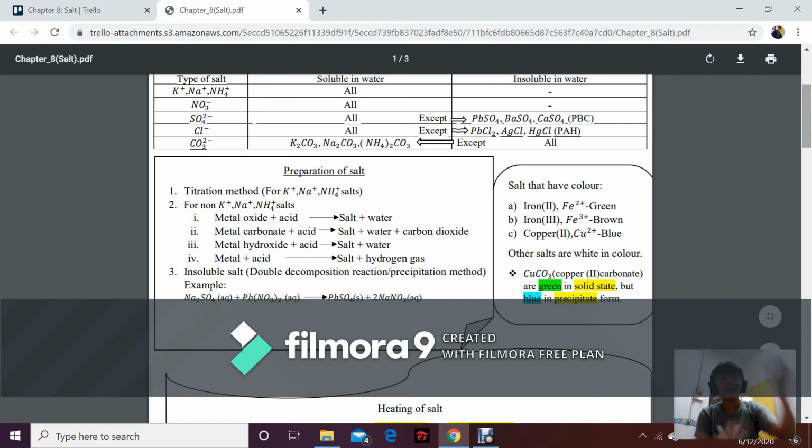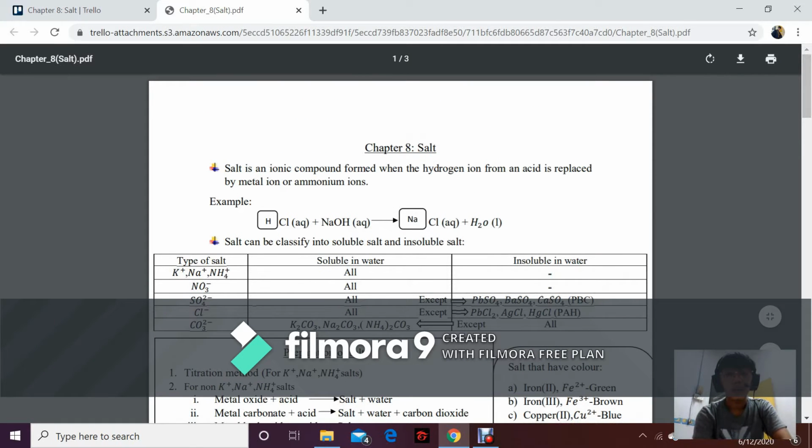So if the reaction for acid and base, you will produce the salt. But because you see from the definition, the salt is an ionic compound formed when the hydrogen ion from an acid is replaced by metal ion. So you need an acid and also the base. Base is like NaOH. So the metal ion here for NaOH is sodium. So the metal ion is Na.